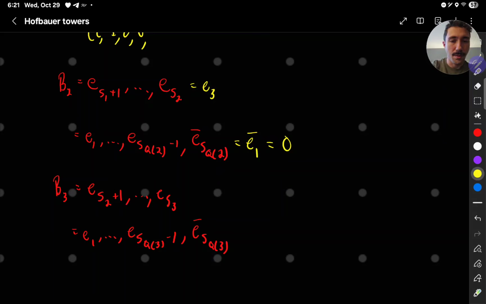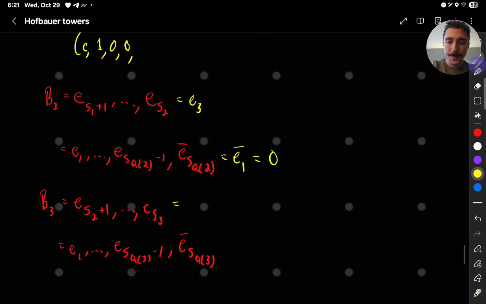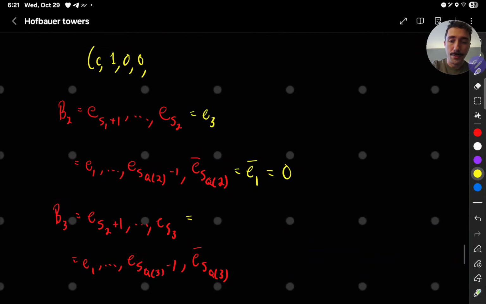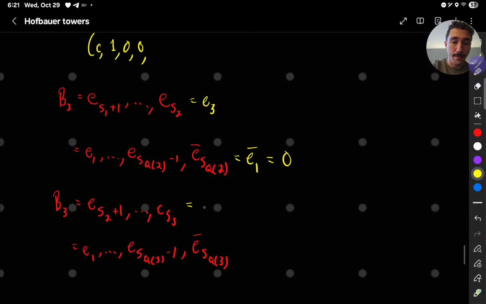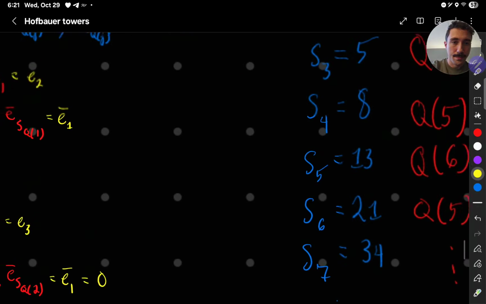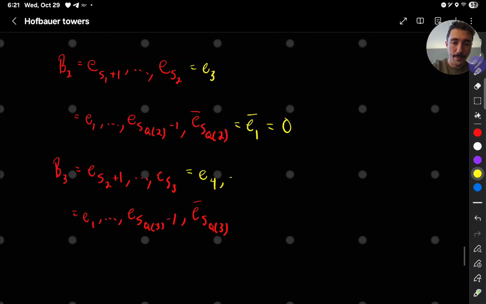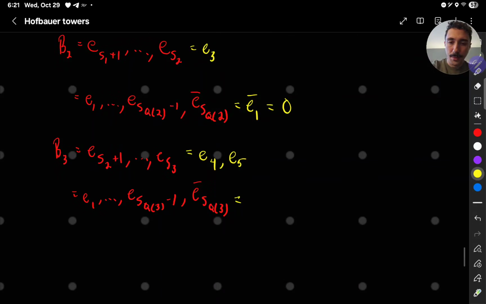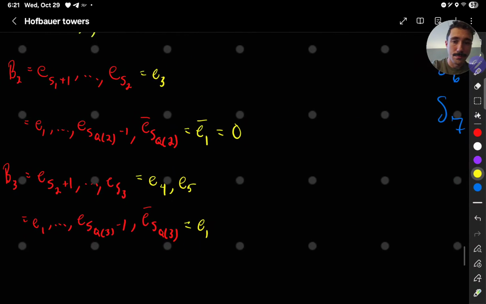So we can simplify things. But S2 is 3, so 3 plus 1 is E4. What's S3? 5. So this will give us 2 symbols. So we should have 2. So E1, I never really need to check what this is, but you can check that. Q3 should be 2.